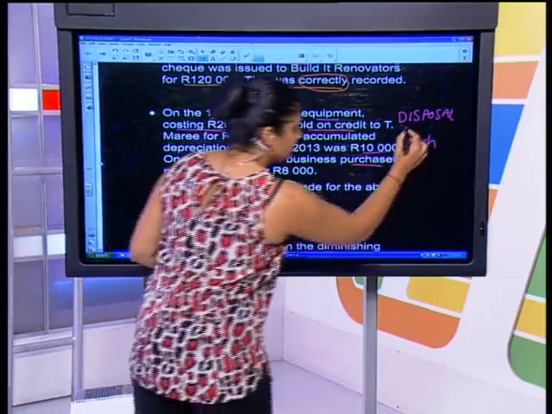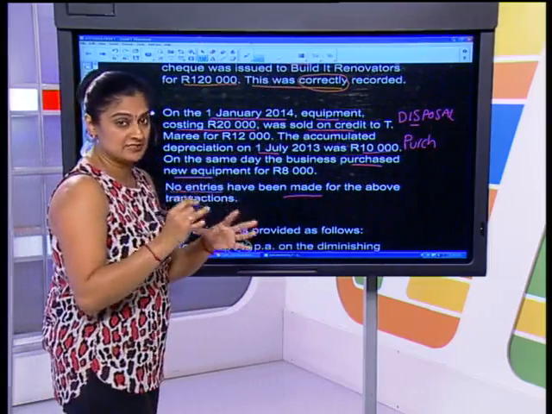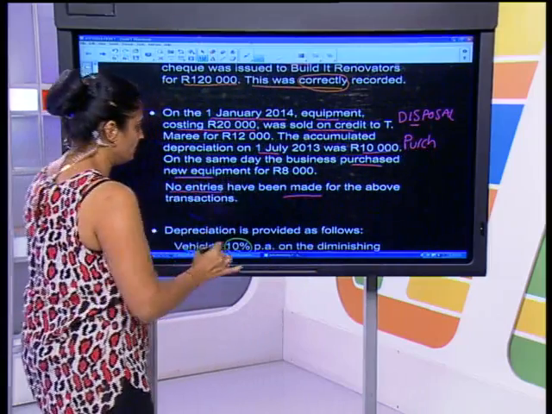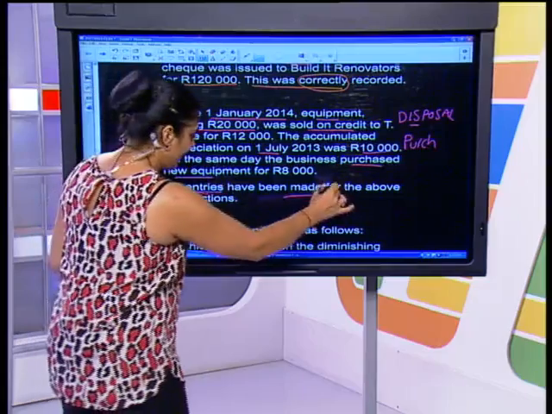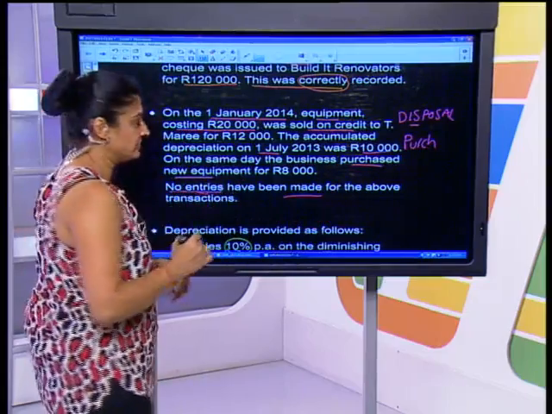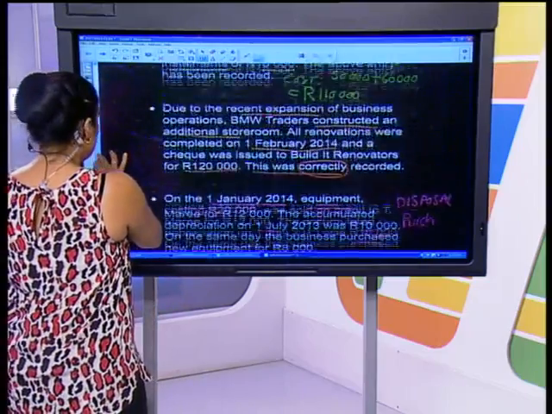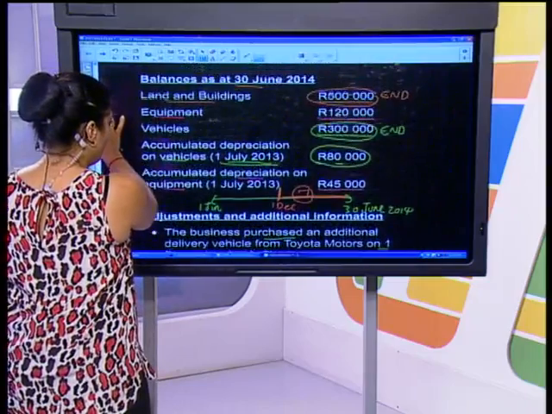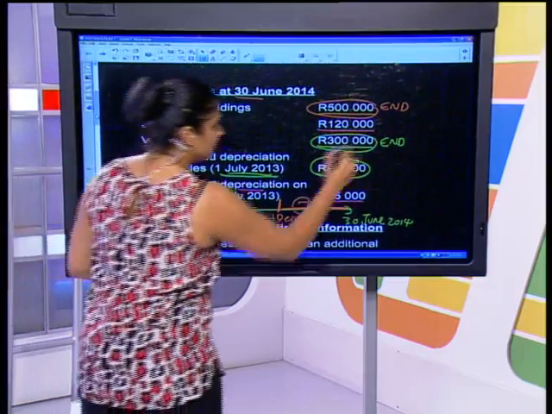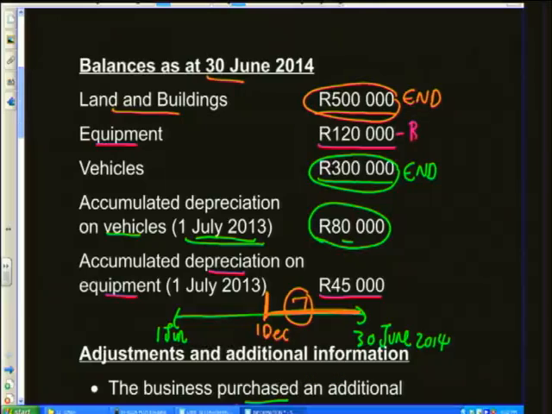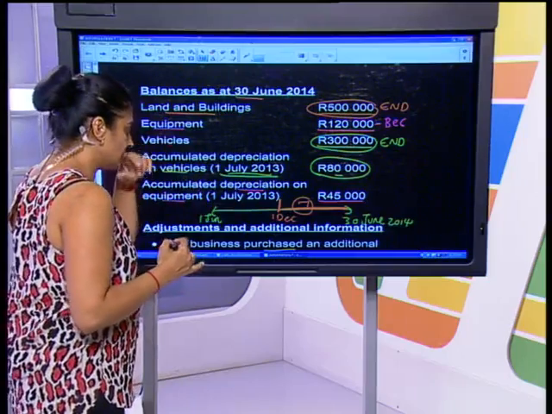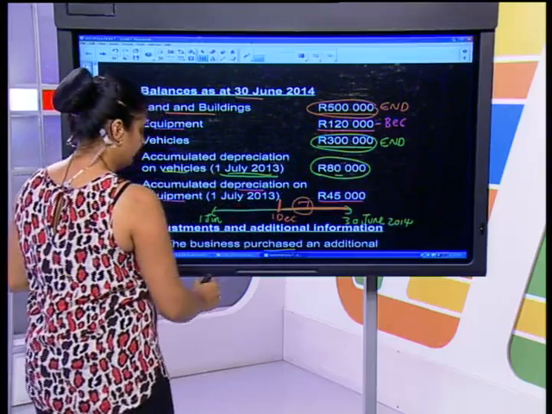So I'm going to deal with the disposal first. But before we look at the disposal, no entries have been made for the above transaction. So the information given at the top represents the beginning of the year, because no entries have been made for the transactions. So let's start off our note by entering this information.